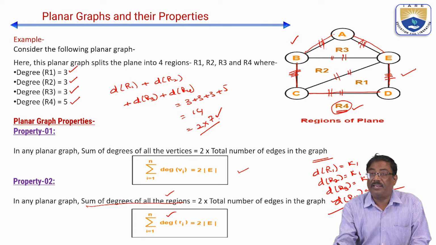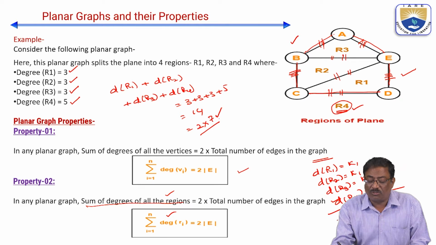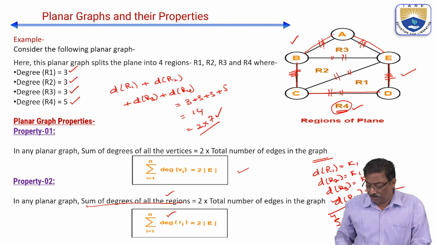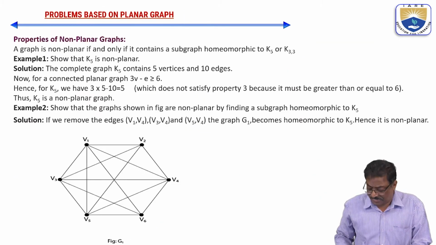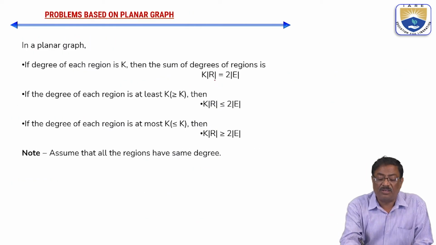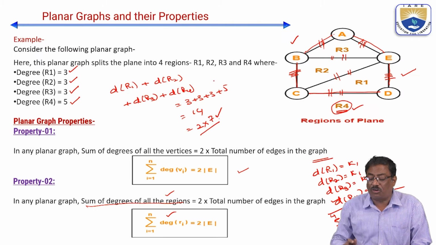Then the sum of the degrees of all regions, i from 1 to 4, is equal to 2 into the number of edges. Here we are going to consider it as k into r, where r is how many times it is repeated.